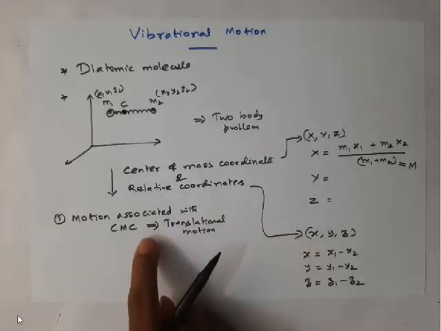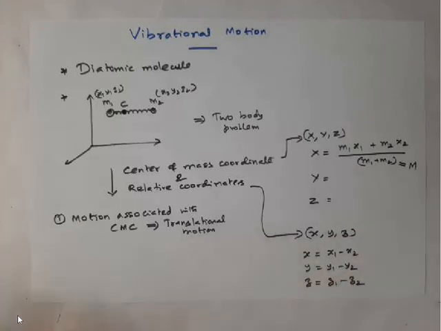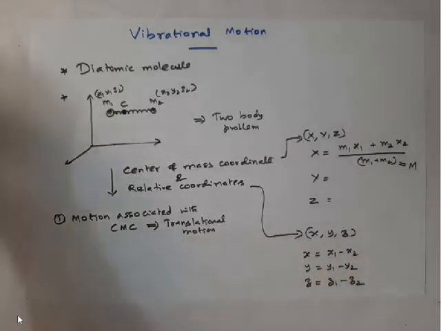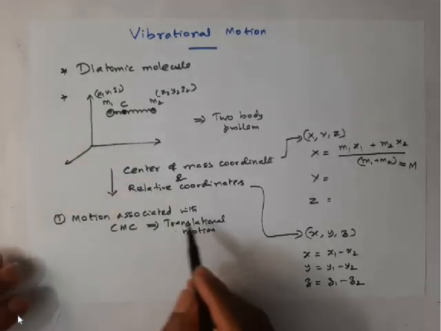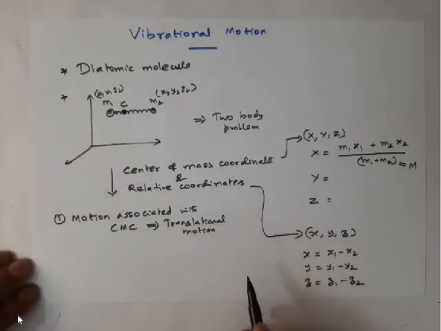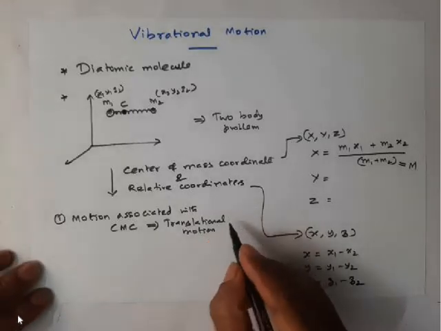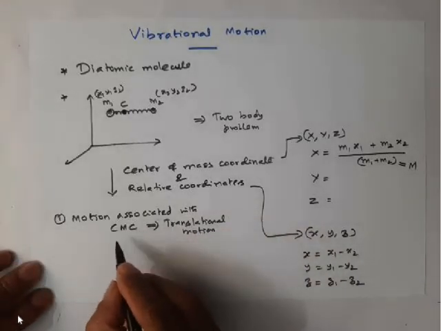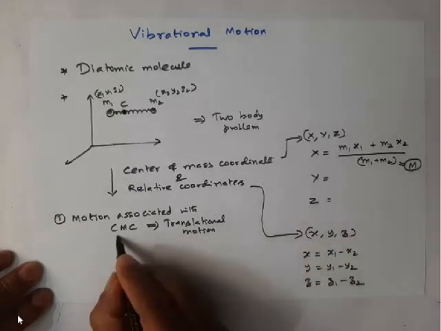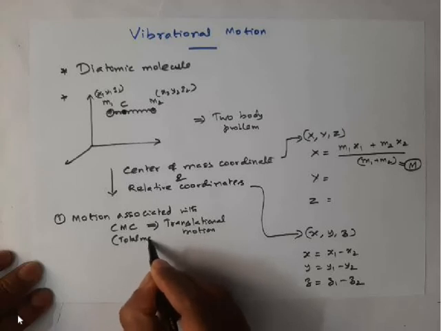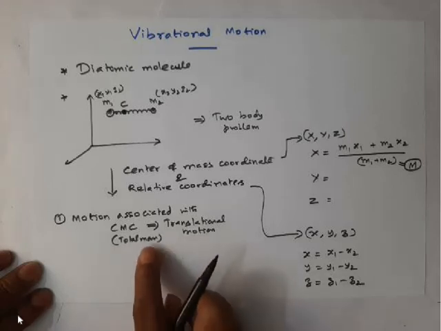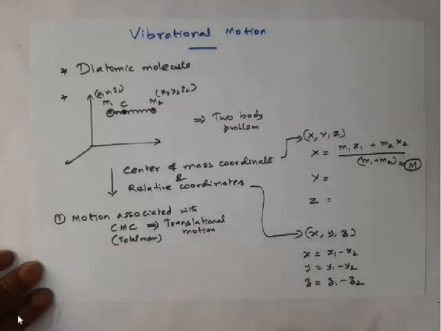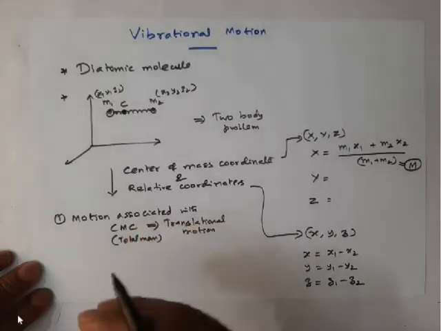Since we have already discussed translational motions, I am not going to discuss translational motion again here. The motion associated with the center of mass coordinate is related to the total mass of the molecule, and that motion is called translational motion.